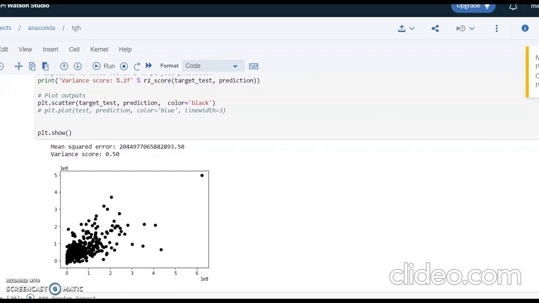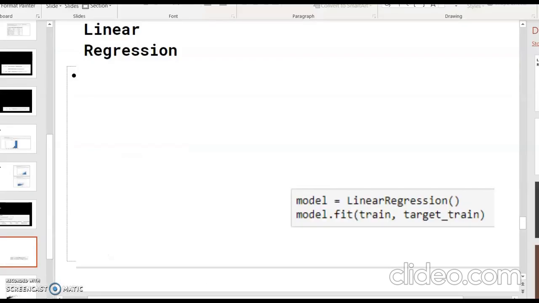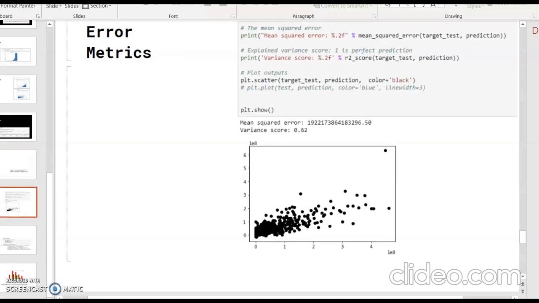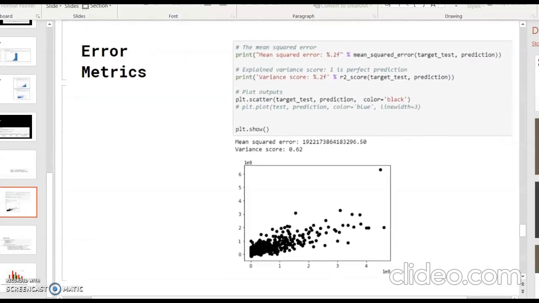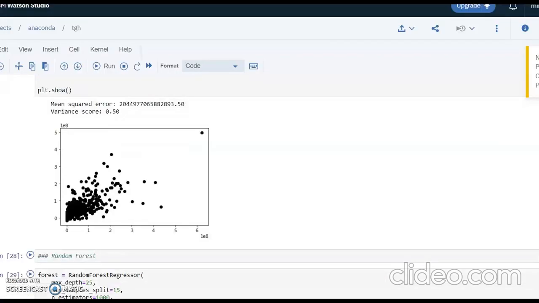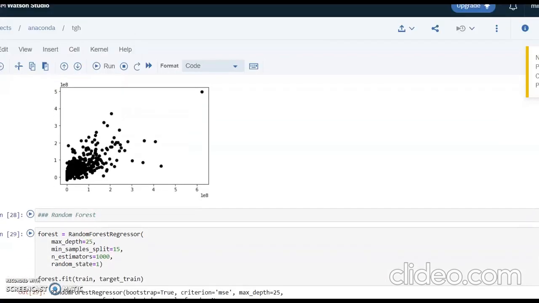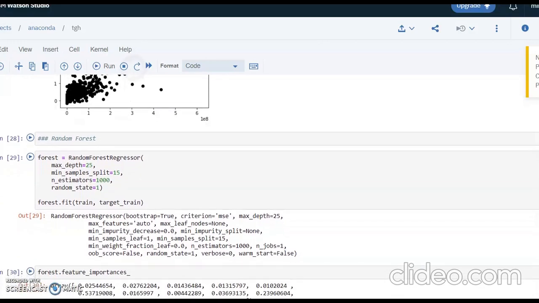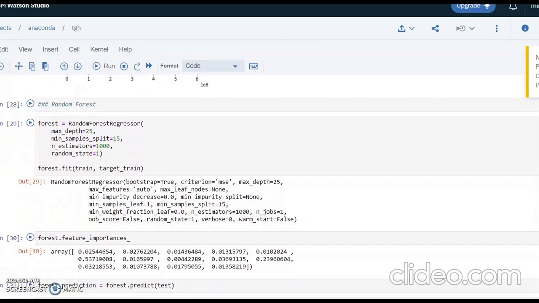So this is one of the steps that we use in linear regression testing. We're testing our data, and another thing that we have to do is get our error metrics, to see how much error the data sets have, but that's something that I'll go on to later.